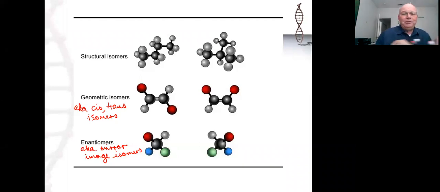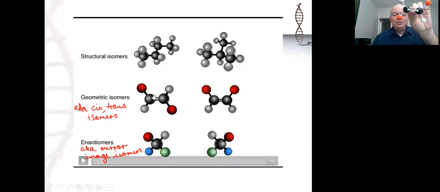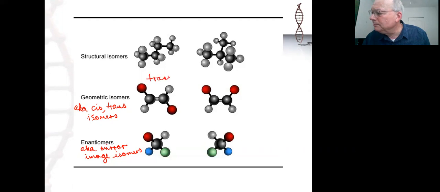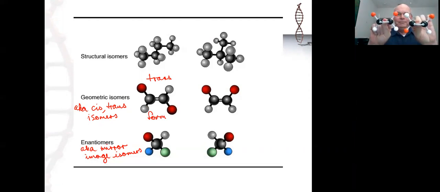The next, the geometric isomers, I have my models. So this one is this form, and this is called the trans form. So maybe I'd put a label on that. This is the trans form. And here's the other one. You can see that these 2 are very different. And this one is called the cis form.